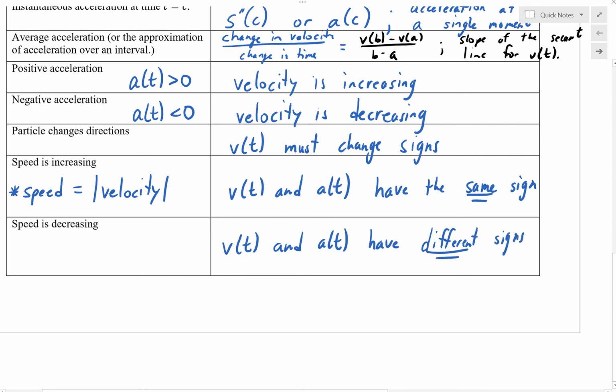So if a question asks whether speed is increasing or decreasing, you're going to have to know the sign of both velocity and acceleration at that given point in time.